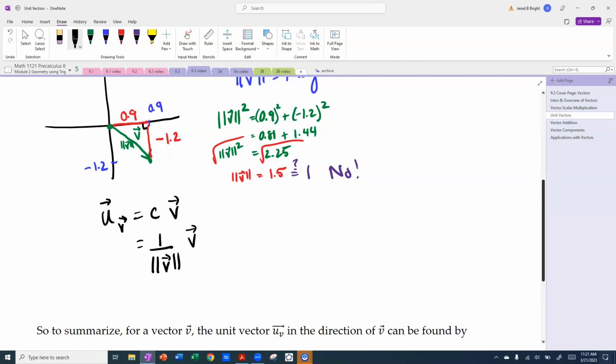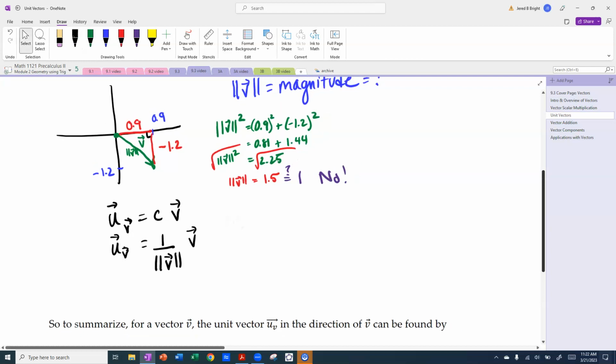So v would have a certain length if we looked at the magnitude of v, but if we take that length and divide by the length, like x over x, it's just 1. So in general, we find a unit vector by multiplying our given vector by a constant, just 1 over the magnitude of that vector.